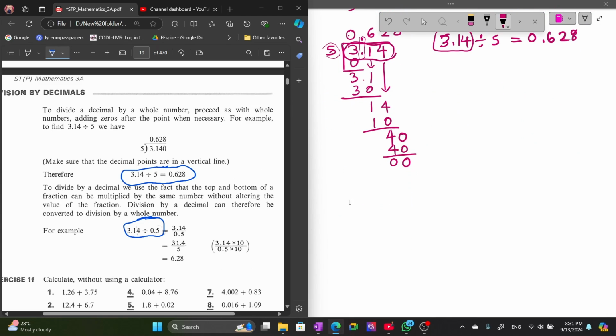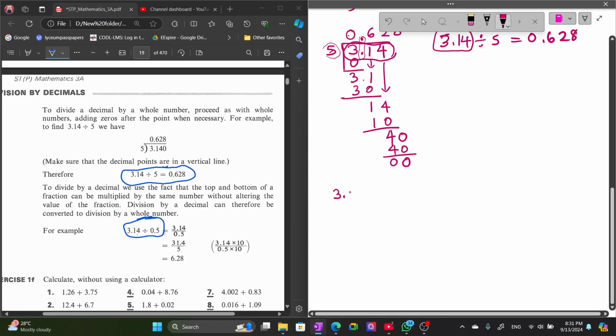So now there is a step we have to do before we go to the long division. We can write this as 3.14 divided by 0.5. Now we have to convert this into something like this.